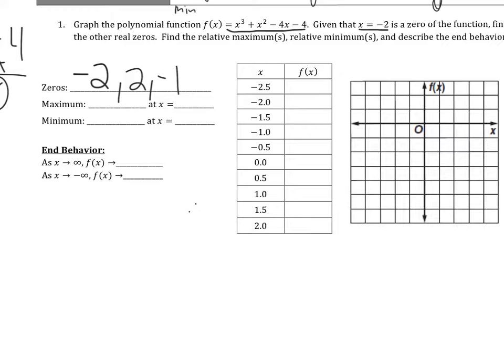So at -2, I know I'm at 0. At -1, I know I'm at 0. And at 2, I know I'm at 0. At 0 itself, I am at -4.